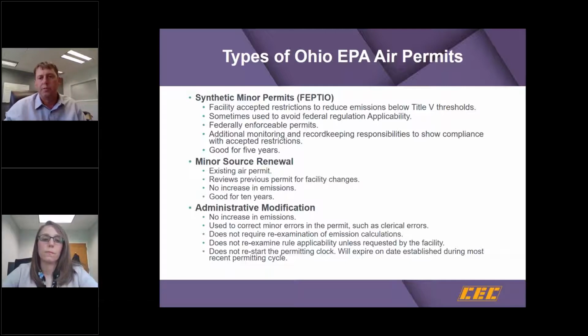So you don't have to go through all of the headaches and jump through all the hoops and all the reporting and the record keeping, all the compliance activities that come with the Title V permit. These are pretty common. The technology is such that, as long as it's nothing crazy, you can reduce your emissions out of those Title V levels for most sources pretty easily anymore.